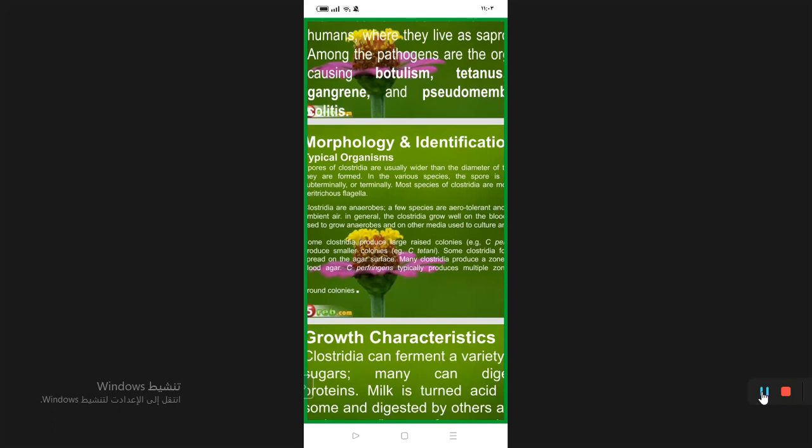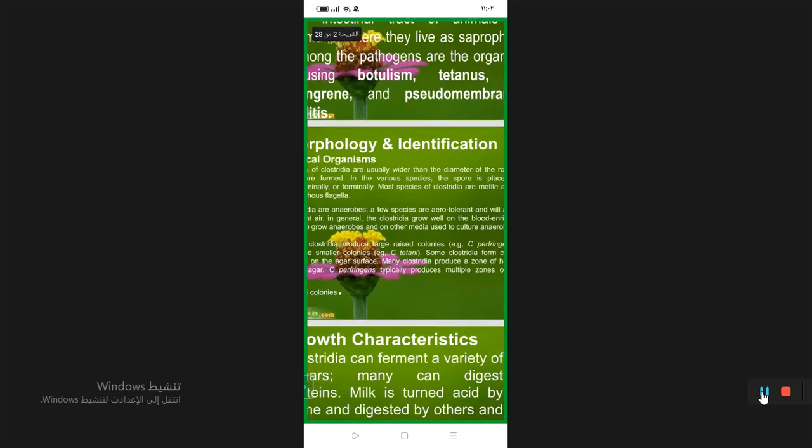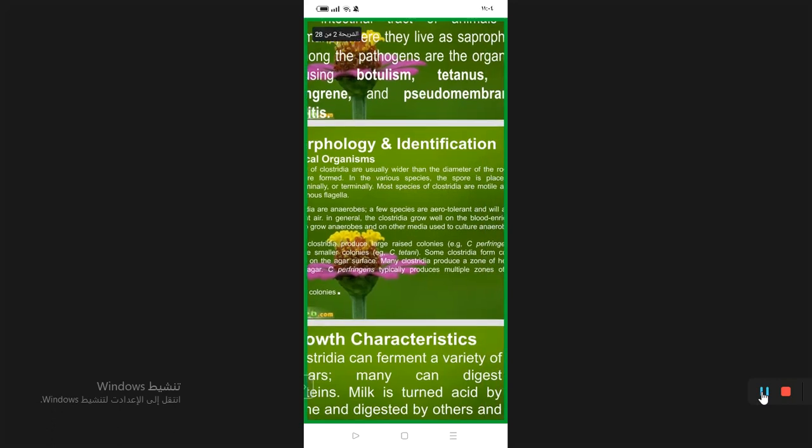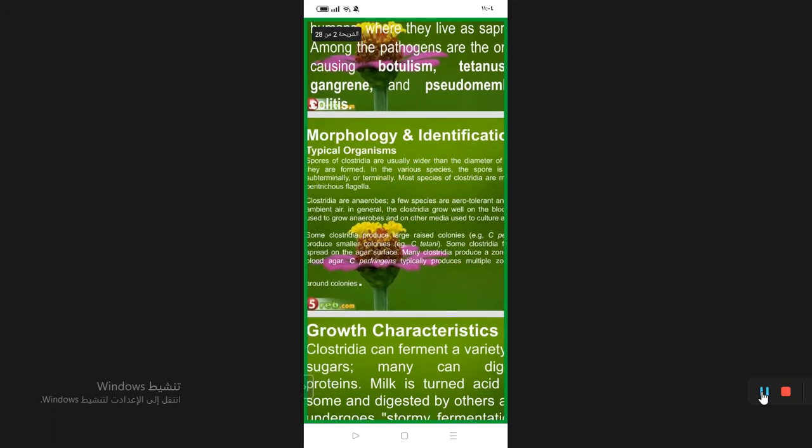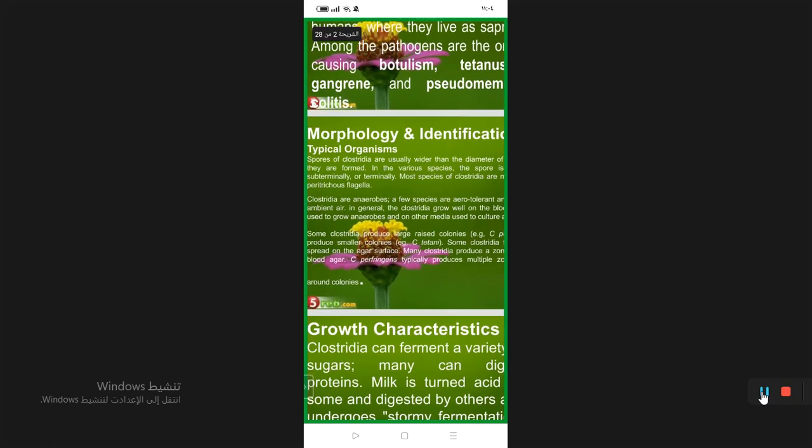Most species of Clostridia are motile with peritrichous flagella, and Clostridia are anaerobes. A few species are aerotolerant and will also grow in ambient air.